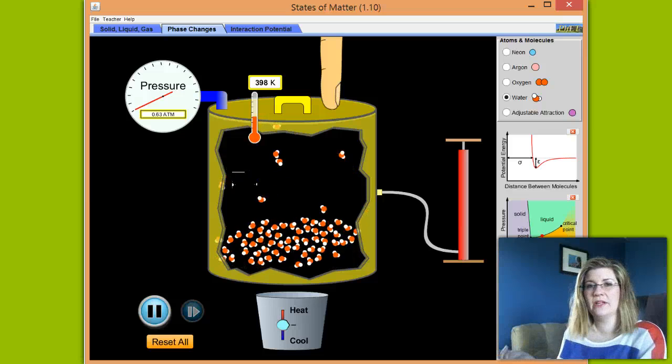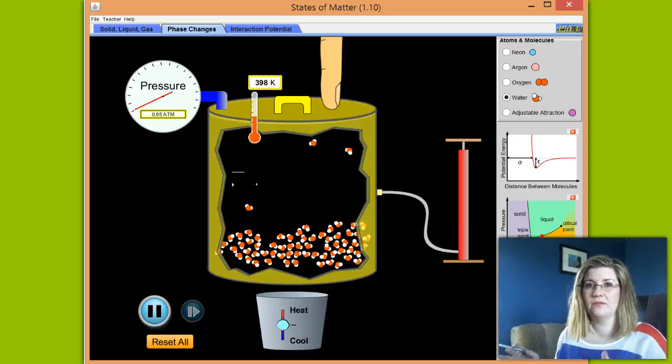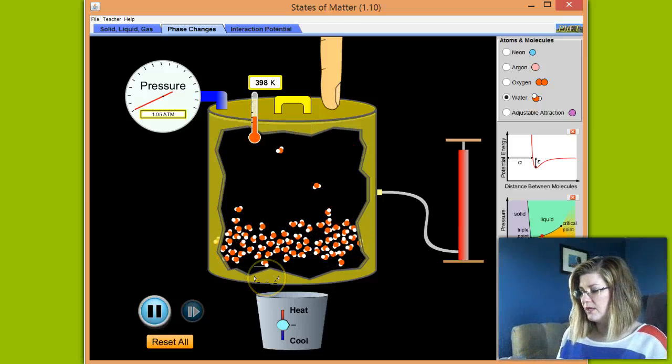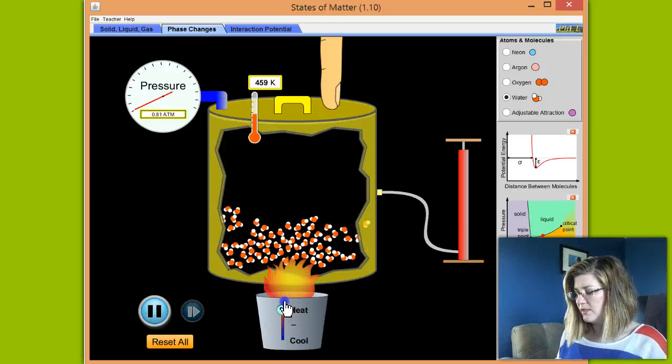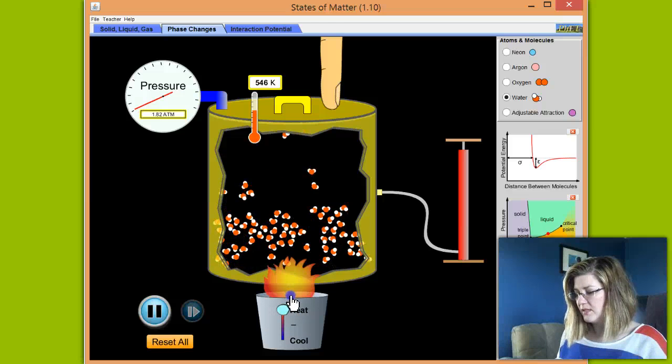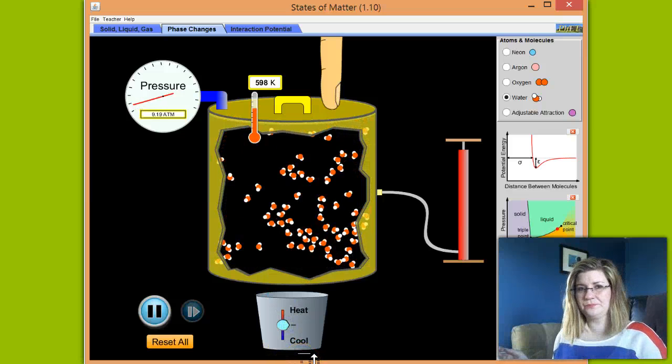You could see their intermolecular forces. This is water, remember, so hydrogen bonding is very prevalent, very strong. They're just being let go and floating away. And of course, we can increase the temperature even more to exaggerate this effect and see them float all over.